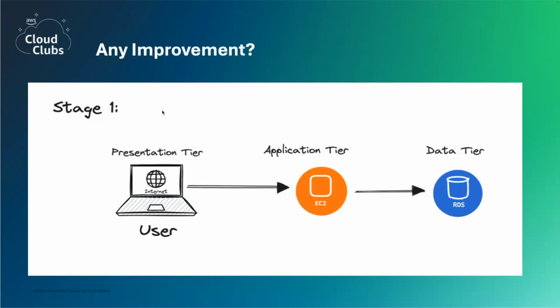Does anyone have any comments on improvements that can be made on this one? I'll give you a hint: if there are a lot of users trying to access and make requests, what's going to happen? Load balancing, scaling, yes, that's a good point, you learned too much before this session.